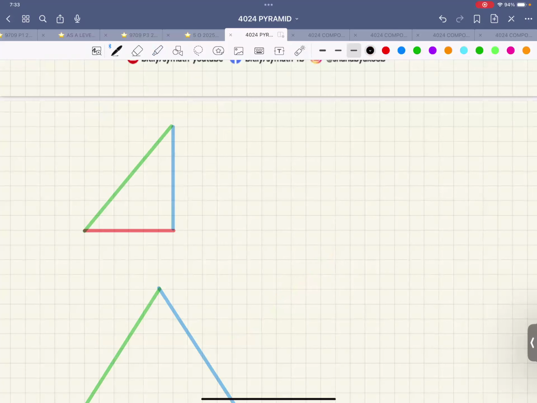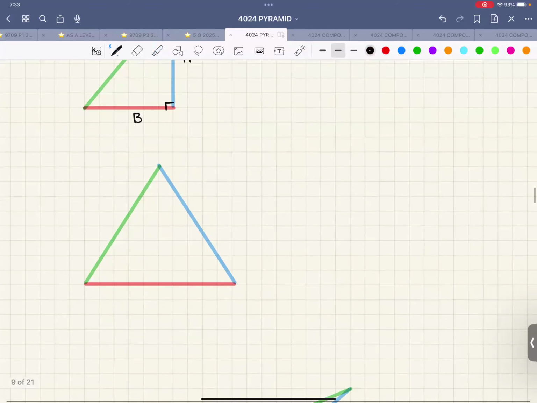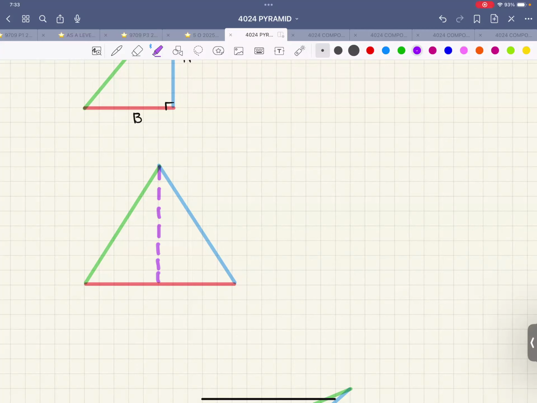First of all, this is a right angle triangle. Let me just mark it. This is the height. This is the base. Area is half base into height. Everyone agrees with that. No one gets confused on this. Over here, the height is not given, so let me draw this height like this.